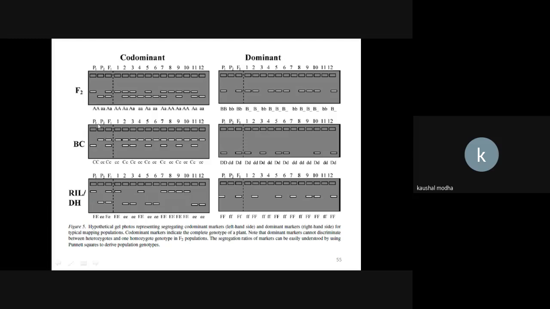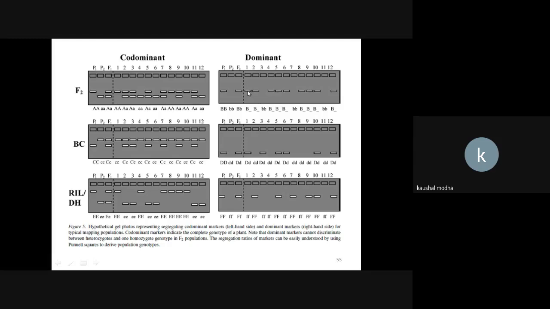Now for the same populations, what happens when you utilize a dominant marker? The dominant marker shows presence or absence of the band. When you analyze the F1 DNA sample with that marker, you will see presence of the band. Definitely in F1 the band must be present, because F1 will receive this allele as well as another allele from both the parents. And then this is the profile of the F2 individuals.